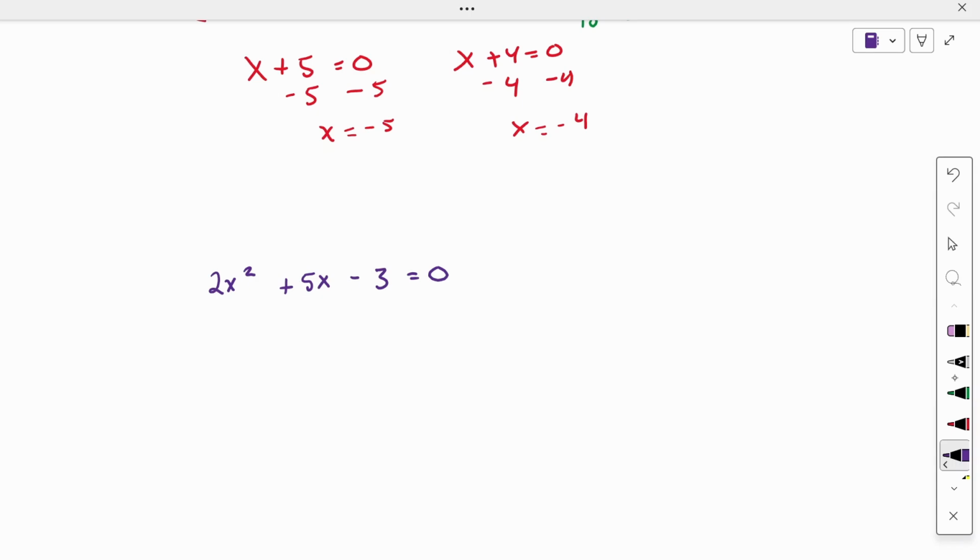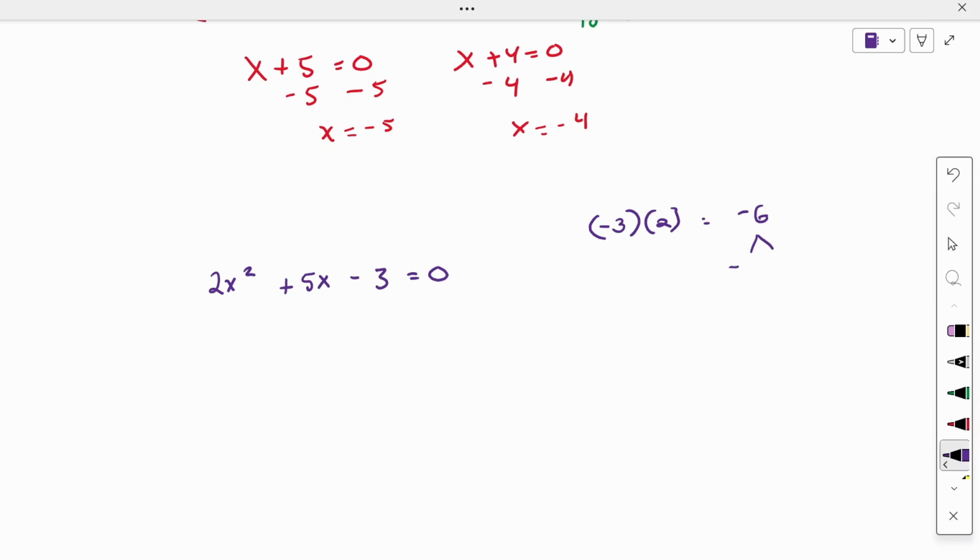Now, I obviously advocate for using the factor by grouping method because I just think it works a little bit more nicely. So we're going to take the last term, in this instance -3, multiply it by the first term, in this instance 2, and we get -6. With this -6, we need to figure out what terms can multiply together to get -6, but also add to the middle term 5.